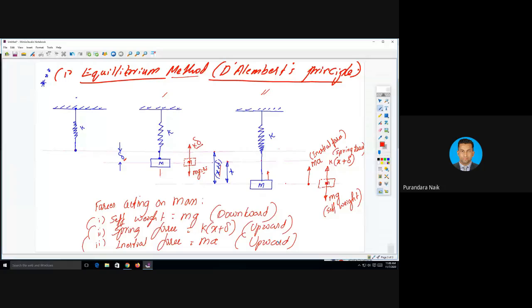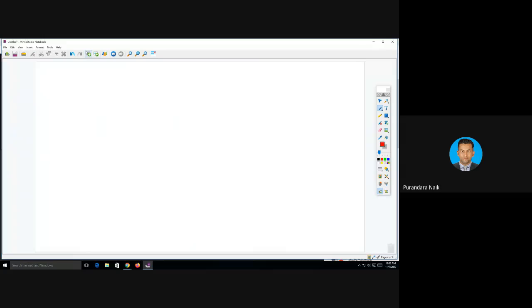Next. According to D'Alembert's principle, write down. What does it say?